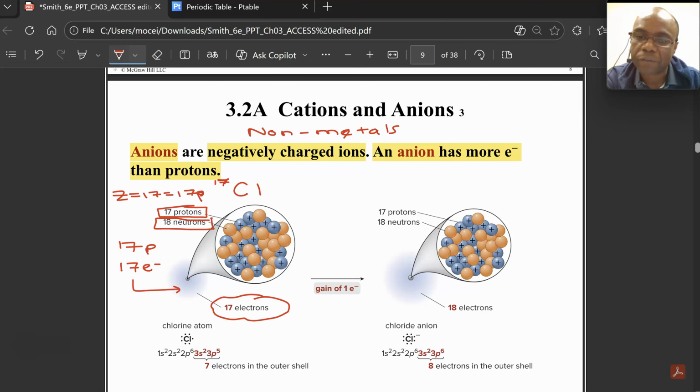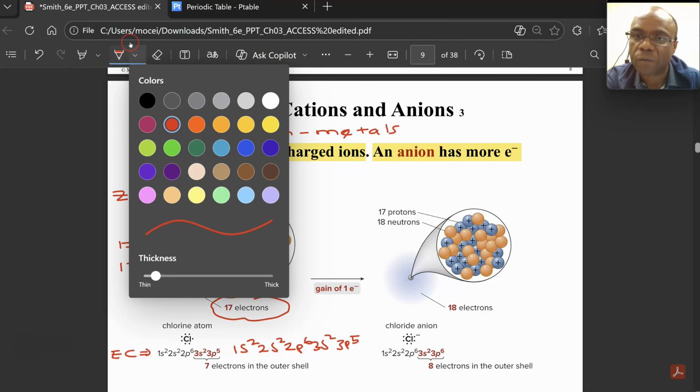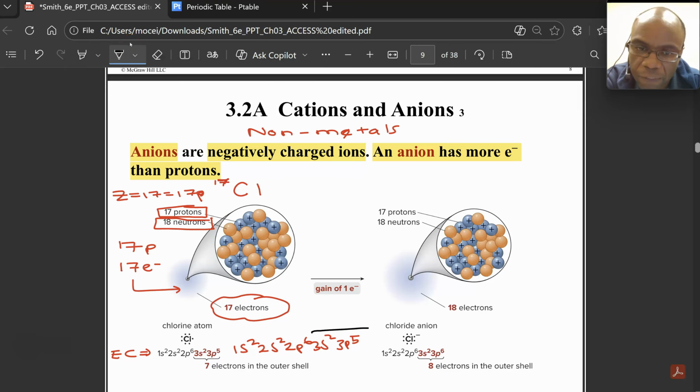The electronic configuration of chlorine is 1s2, 2s2, 2p6, 3s2, 3p5. Now focus on the valence, the outermost shell. This one has 7 valence electrons.